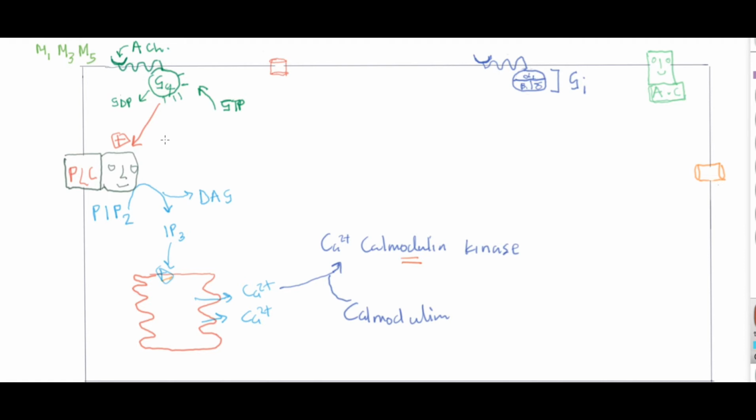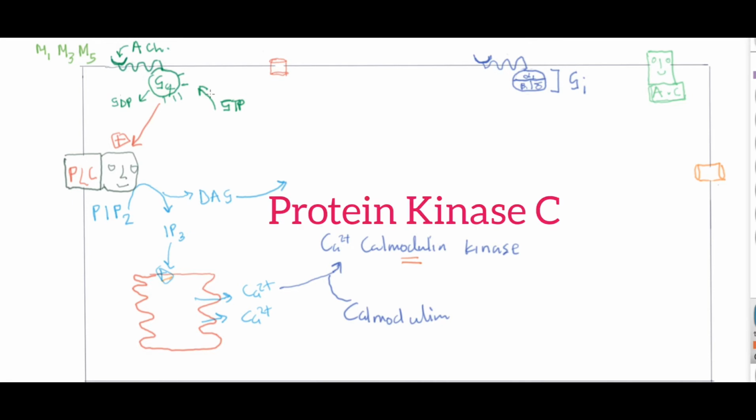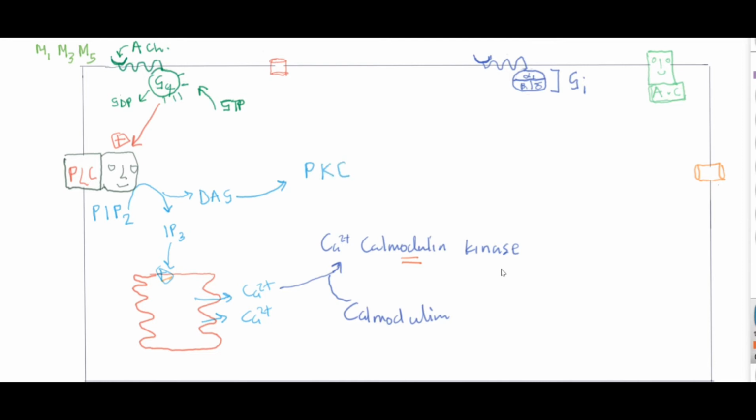What about diacylglycerol, or DAG? This one will stimulate another enzyme called protein kinase C. It's the second thing which we need to underline here, because these are the main important molecules which we use for different purposes.